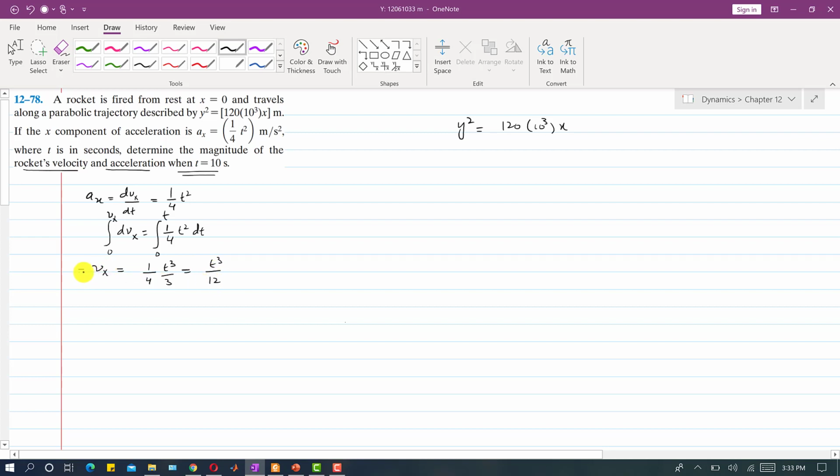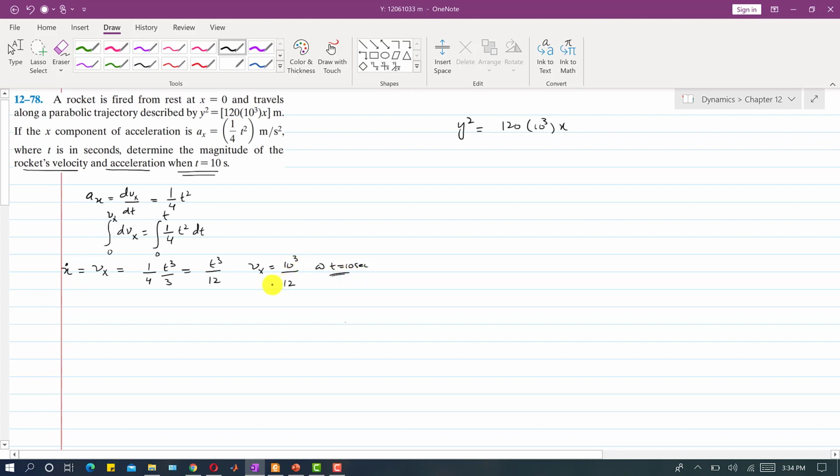This vx is x dot, so now we can find the vx velocity after 10 seconds. If we put t equals 10 in this equation, it will be 10 cubed divided by 12, the vx velocity at t equals 10 seconds.